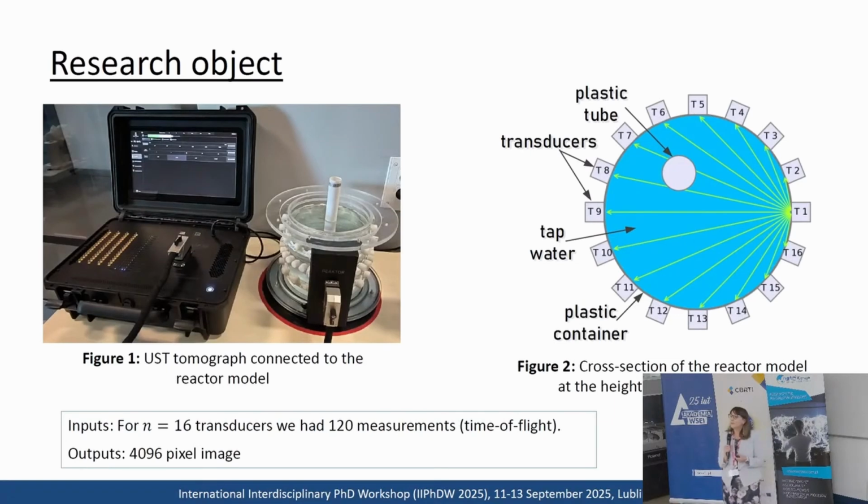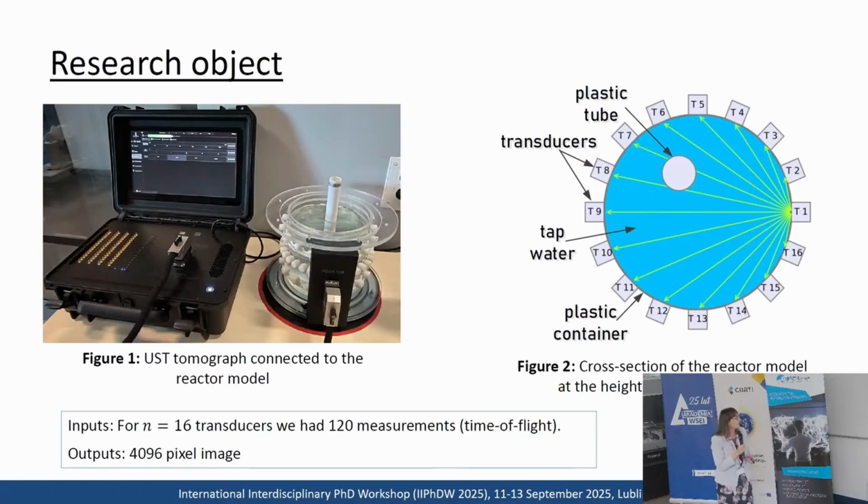So here you can see the research object. My colleague Grzegorz Kosowski explained some introduction about ultrasound tomography and the reactor model before, so I won't describe it again, but maybe I only mention this tomograph.